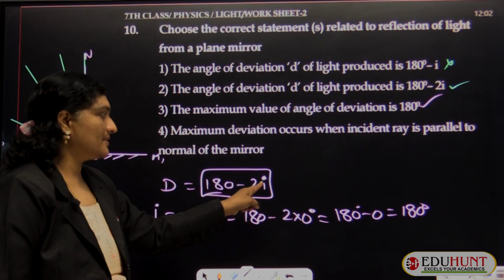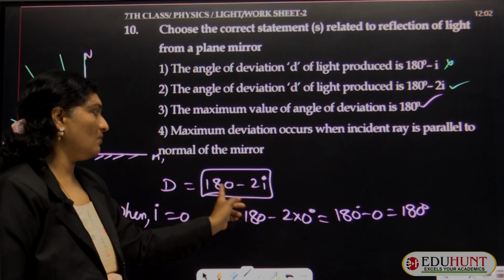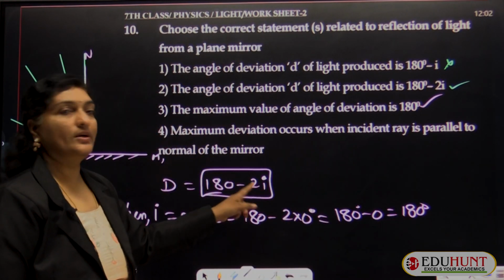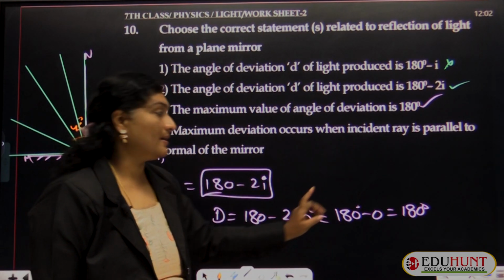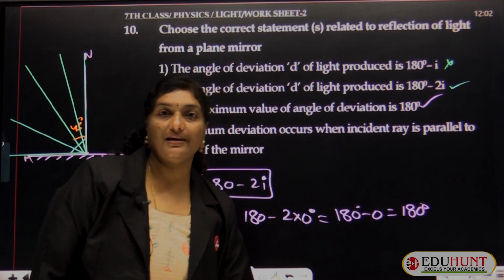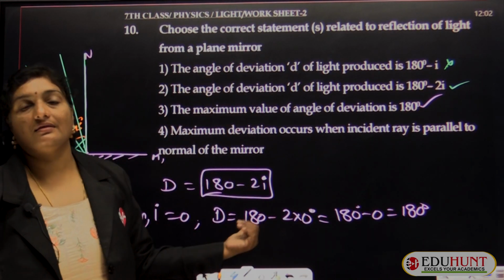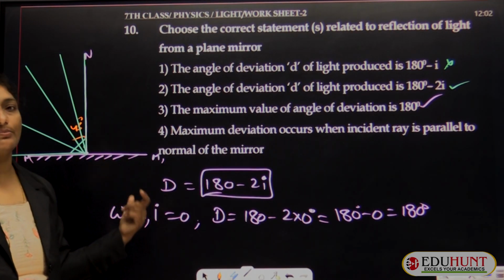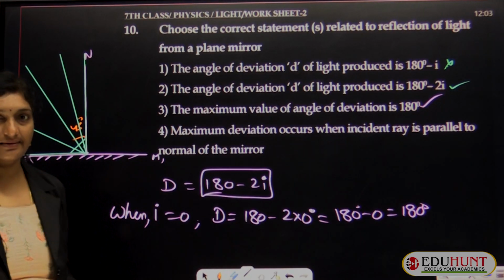Suppose you place 30 degrees, 2 into 30 is 60, 180 minus 60 is 120, decreased. If you place 45 degrees, 2 into 45 is 90, 180 minus 90 is 90. So, as the angle of incidence increases, the angle of deviation reduces. So, the maximum possible value is 180 degrees.